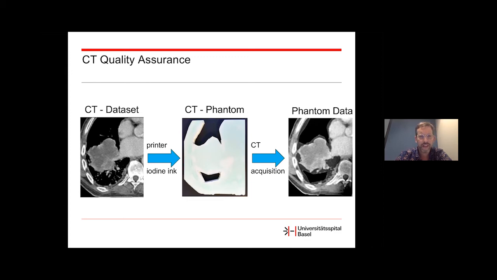They serve as a reference, because we don't know the real size or the real shape of a tumor. And of course, such an object you can move from scanner to scanner and from hospital to hospital and get an answer back on what this machine will provide in terms of data quality.